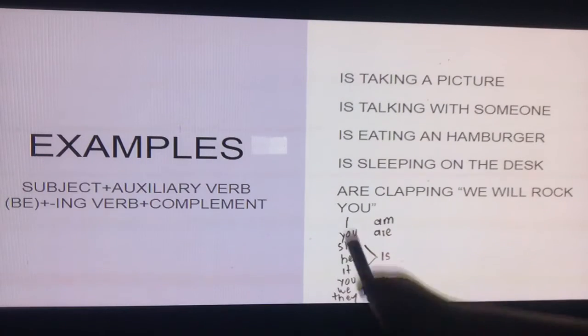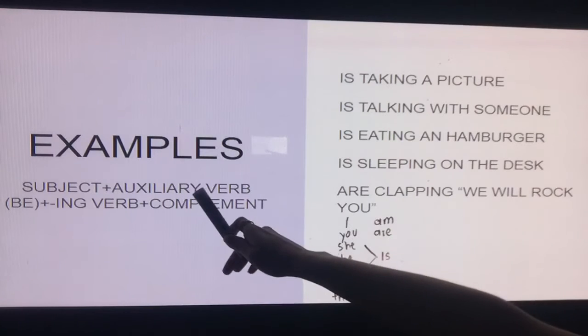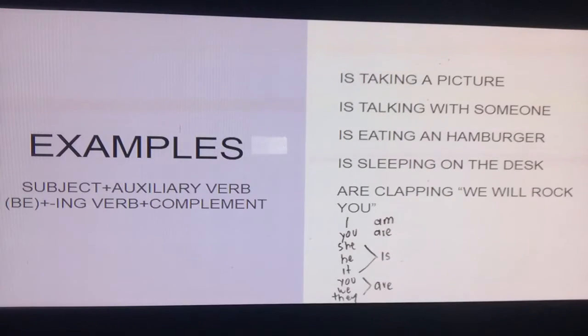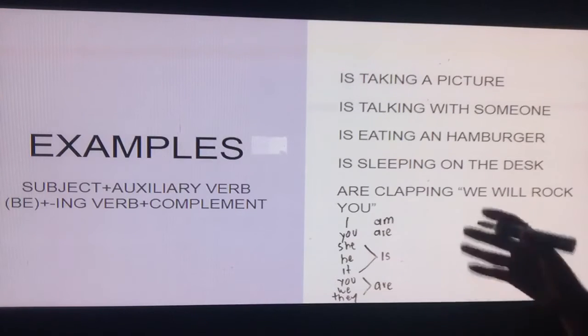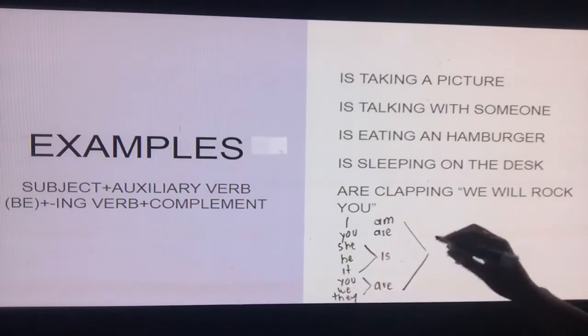Okay, so we already have the subject. We have the auxiliary verb, that in this case is going to be the verb to be. And then we have to add an ing verb. Or we have to conjugate the verb into an ing form. So I'm going to use dancing.